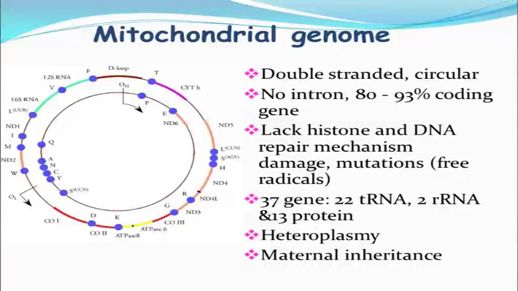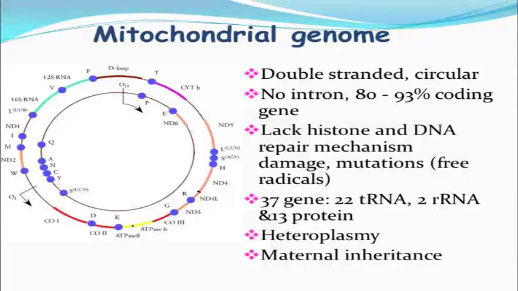The mitochondrial genome is another genetic inherited material besides the nuclear DNA. It is a double-stranded circular DNA with a length of 16.5 kb. The majority of the mitochondrial DNA is coding genes. They don't have introns.